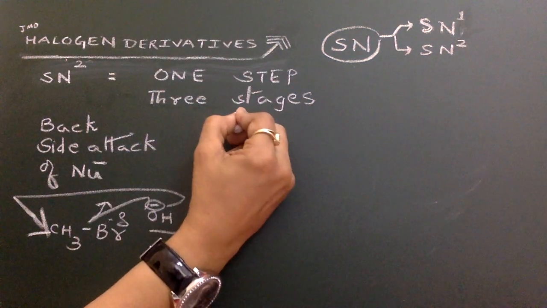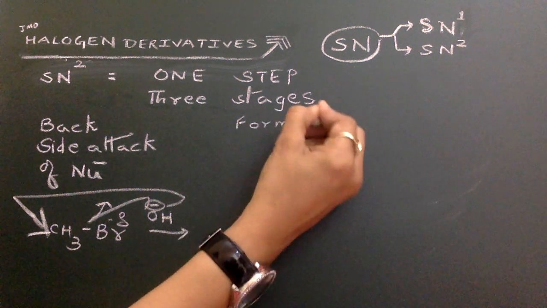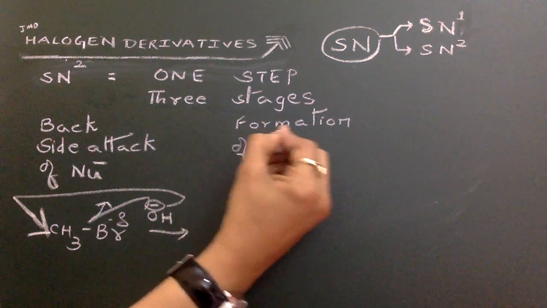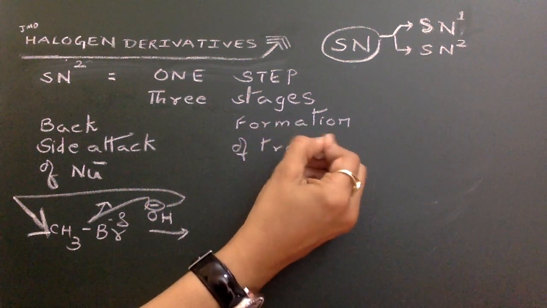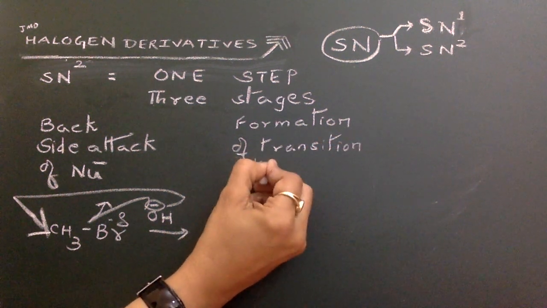The next stage over here, students, is formation of transition state. Let's see what happens in this formation of transition state.